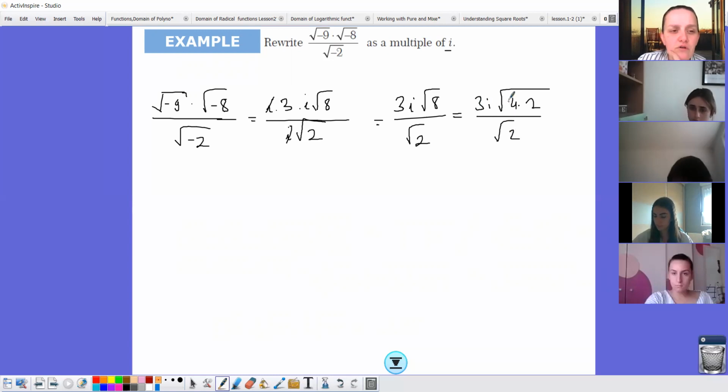Root of 4 I can take out from the square root as 2. So here I have 3i, and then 2 root 2 over root 2. Now, can I cancel the root 2's? Yes, we can, we have multiplication between them. The root 2's will go. So 3 times 2 will be 6. 6i will be the result.